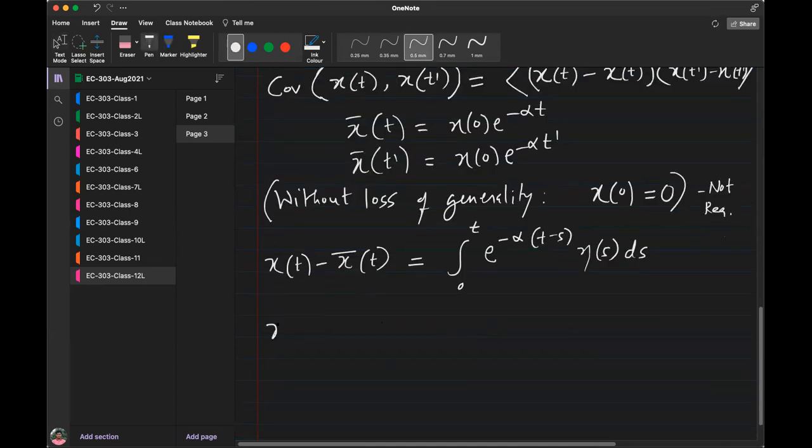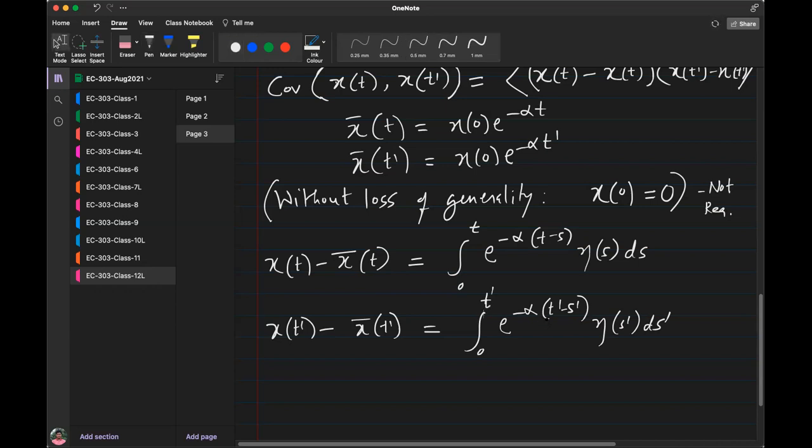I'll try my best to keep you all on track. So here I have every one of the terms as a prime. Is everyone fine so far with me?